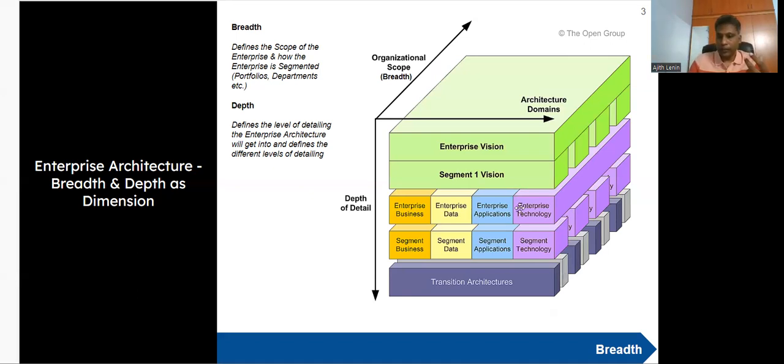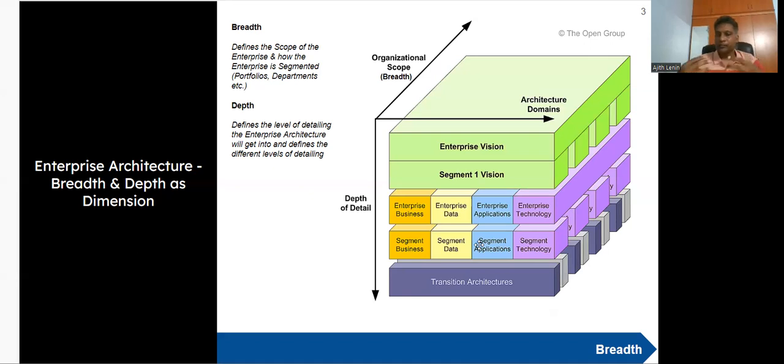Similarly, the third row is the domains at the enterprise level: business architecture, data, application, and technology architecture, represented at the enterprise level. The immediate lower level shows how that can be broken down into the segment level. Each segment has the expansion of the higher-level business architecture, and each segment can have a transition architecture separately.